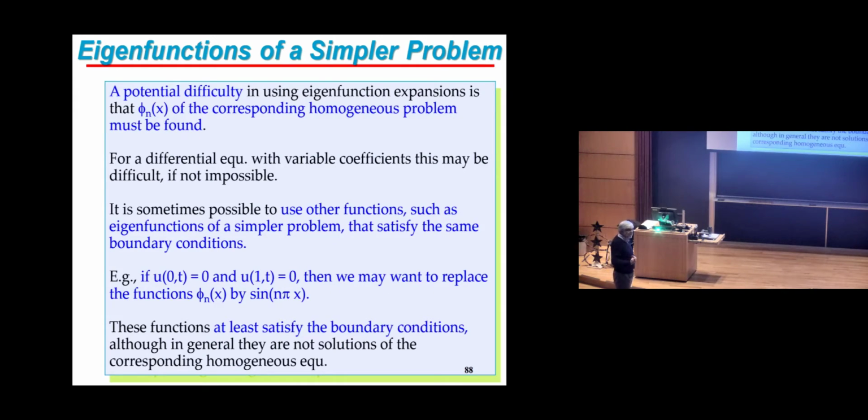So in other words, you can use the same ideas we have now on expansions on basis functions phi n, even if those functions phi n don't come from your real problem, right? It can be anything. Just take care of boundary conditions only. If they satisfy those, you're in business.